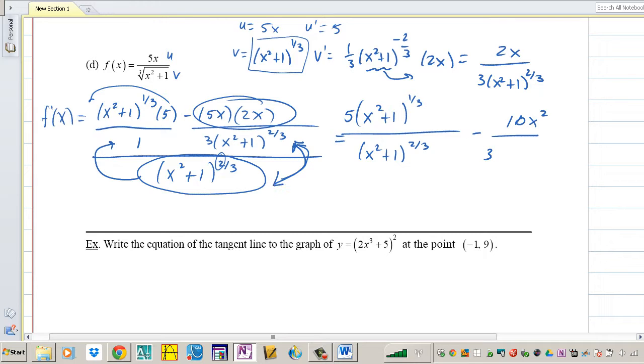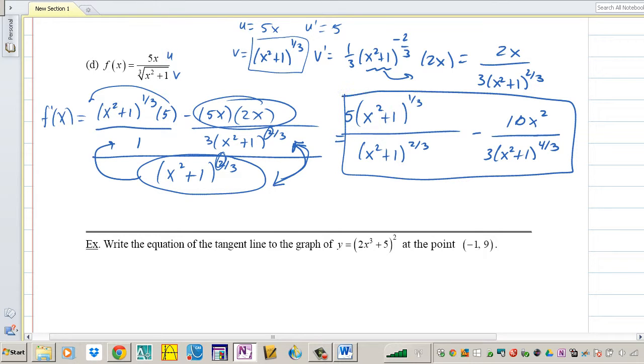Multiplying these two together, notice I have a square and a square, so all I have to do is just add them. So it's x squared plus 1 to the 4/3, and I really don't want to go any further than that. And there's your answer.